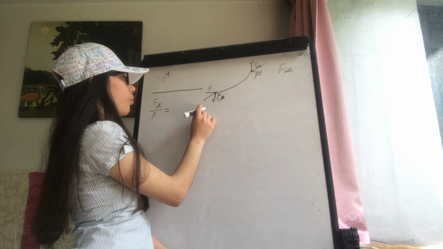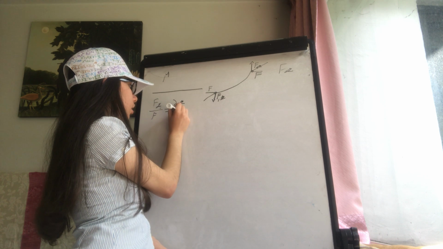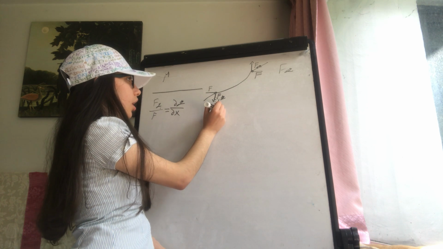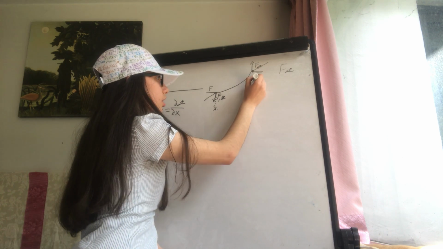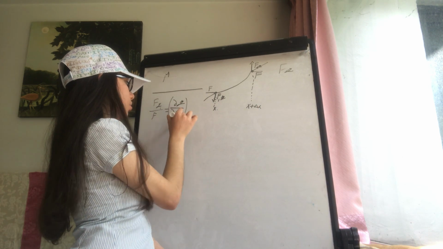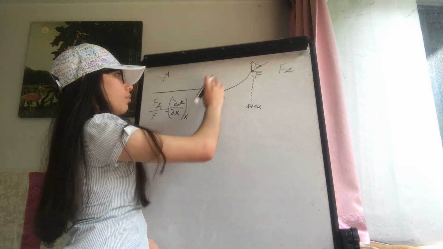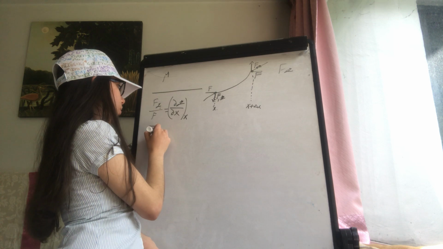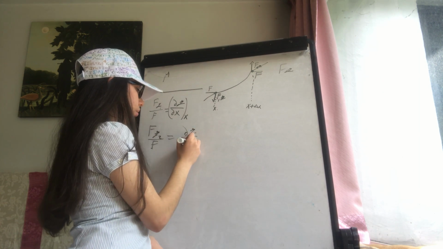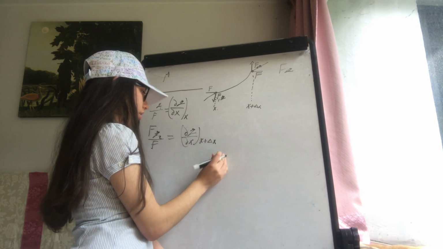So here the slope is the change in y, partial derivative of y with respect to x. Here evaluating this at the point, let's say this is the point x on the string, and this is at the point x plus delta x. So here I would say the derivative of y with respect to x evaluated at the point x. And the same for the point 2. We have that the proportion of F sub y2 over F is equal to the partial derivative of y with respect to x, now evaluated at x plus delta x.